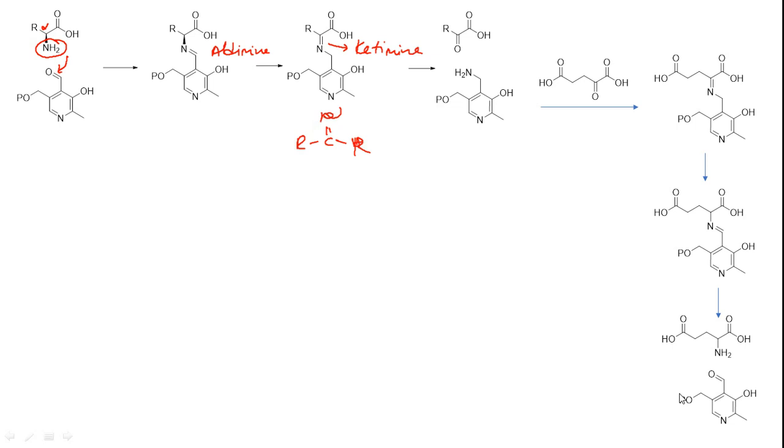Now this will go back again, and then it reacts with an alpha amino acid, and the entire chain will start. Okay, so friends, this is the way pyridoxal phosphate helps in achieving the deamination reaction of alpha amino acids. Okay, the end products of this entire cycle are pyridoxal phosphate, glutamic acid, and alpha keto carboxylic acid.